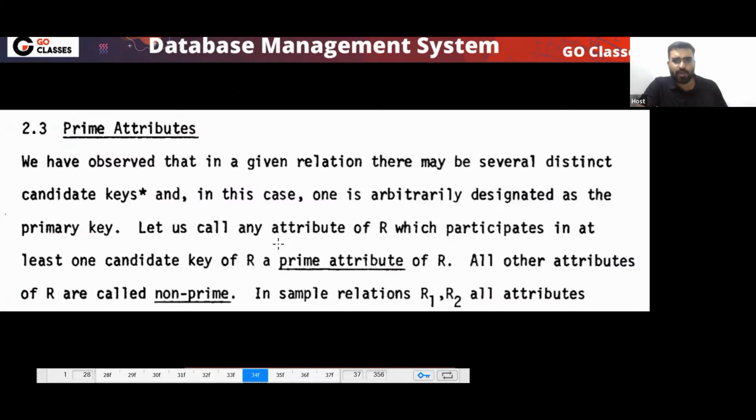What is a prime attribute? What is a non-prime attribute? You can notice we can have many different candidate keys. This type of screenshot, whenever you see, is taken from Codd's original paper.